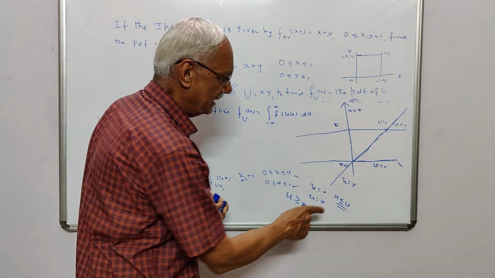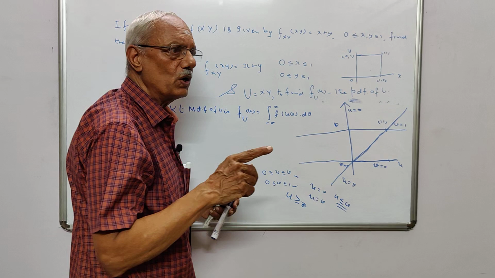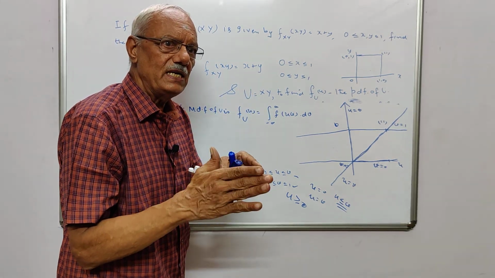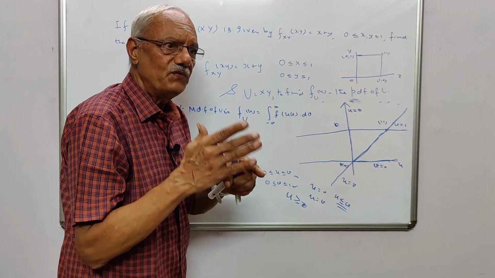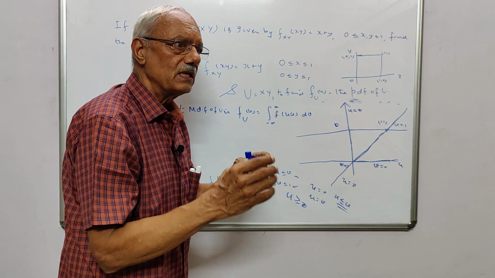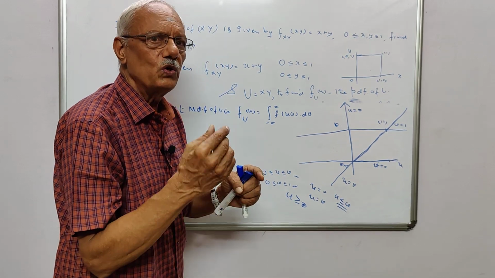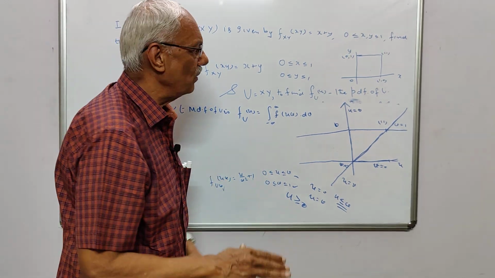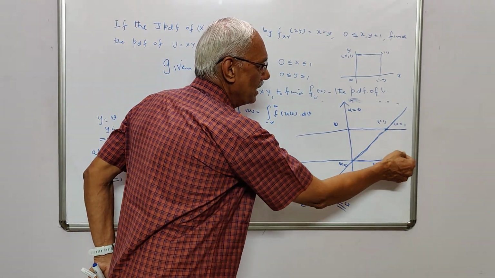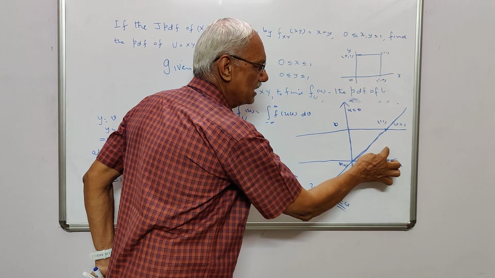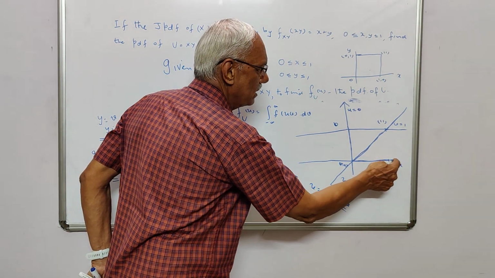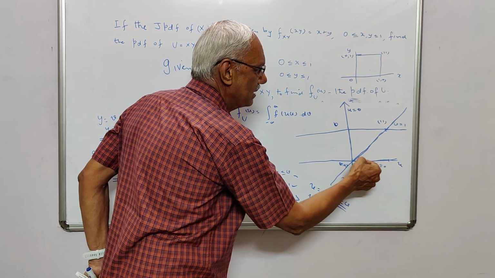What is that? It defines a region. Try to understand that u is equal to 0 is a line, while u is less than or equal to v is a region, in which you get all those points where u is either equal to v or less than v. Now where can it happen? It cannot happen here, because if you take 2 here, it will not satisfy.